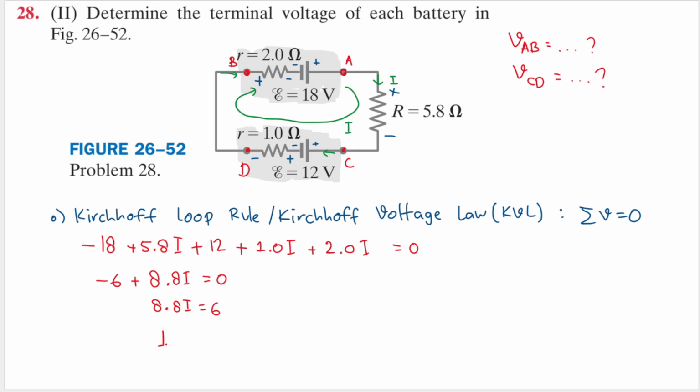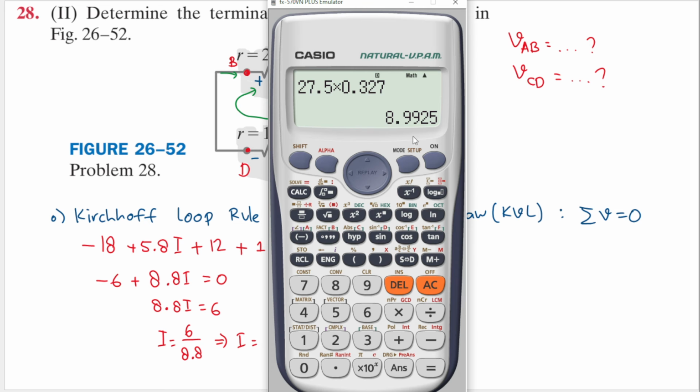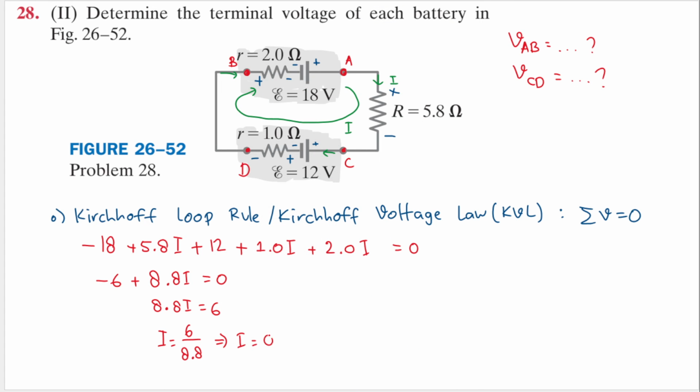And so I is 6 divided by 8.8, which is, let's use the calculator from here. 6 divided by 8.8. Okay, we will have 0.682.